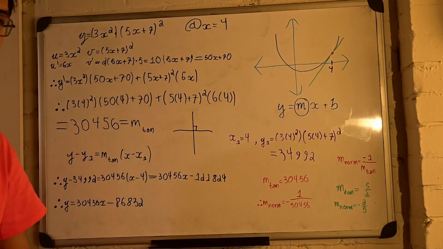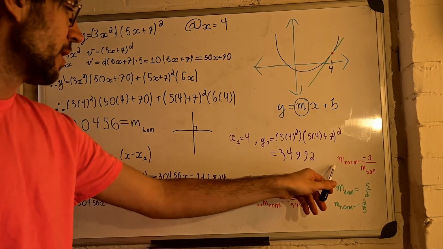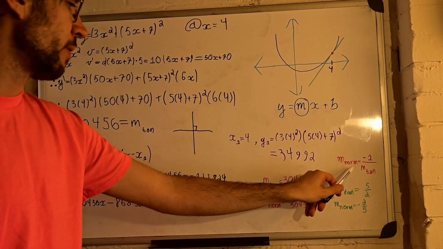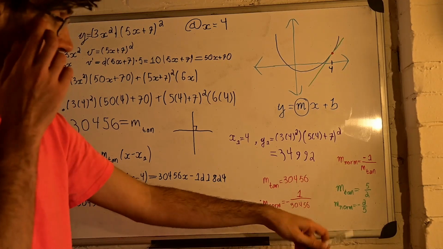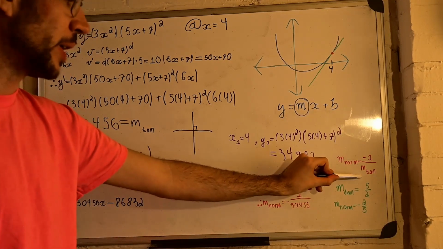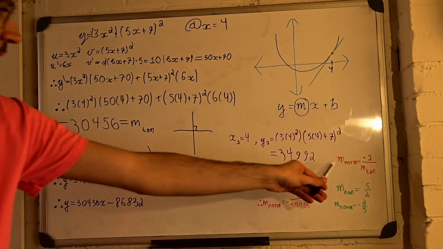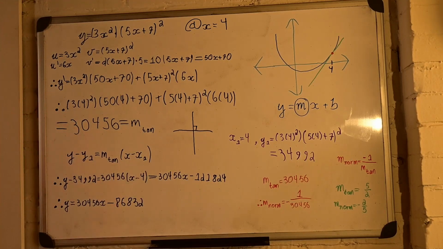That is a negative reciprocal. A more general equation is that the slope of the normal line is equal to -1 divided by the slope of the tangent line. That's it. So memorize that, write it down, write it on your hand before the test or whatever. This is helpful, this is important, very straightforward.